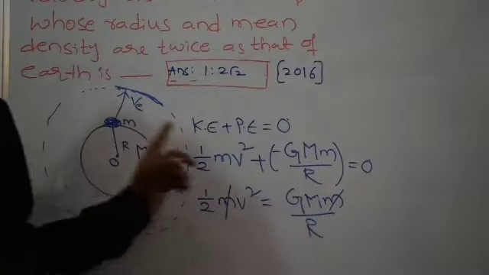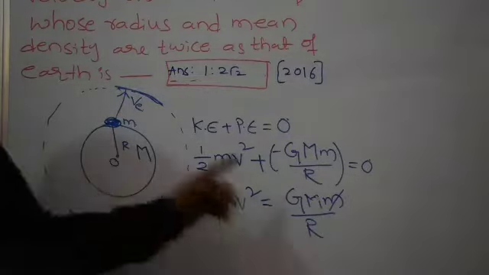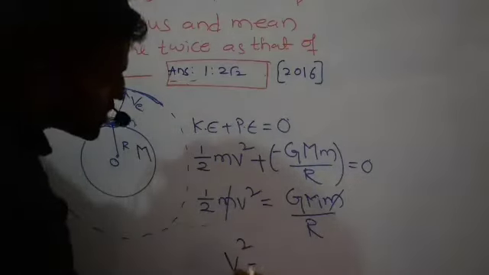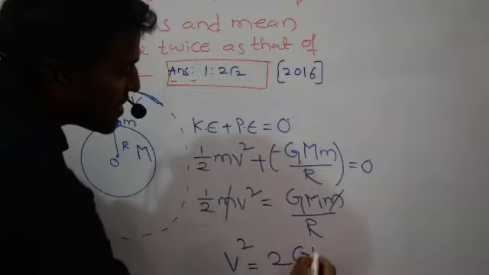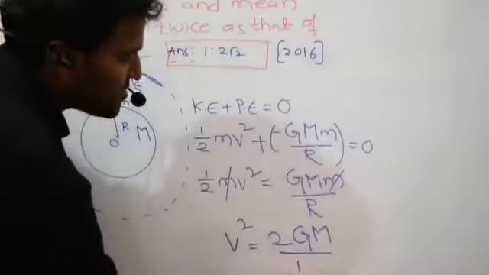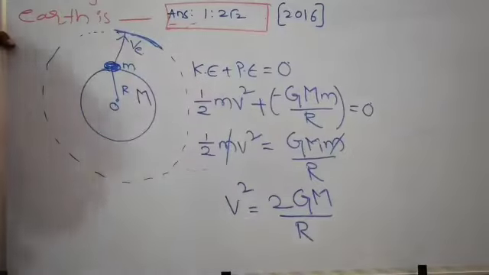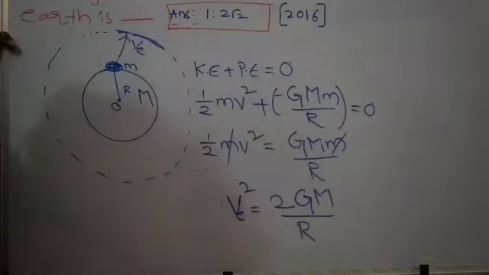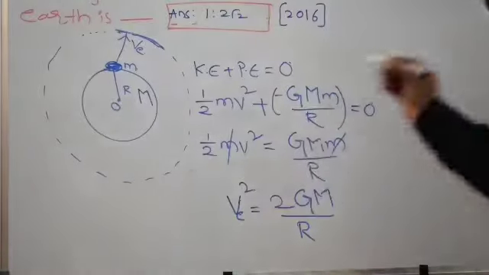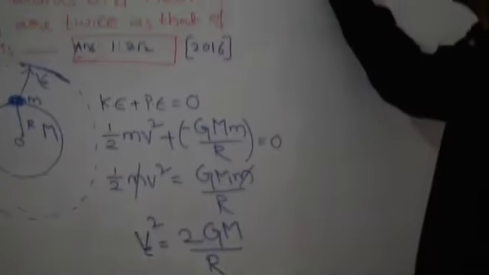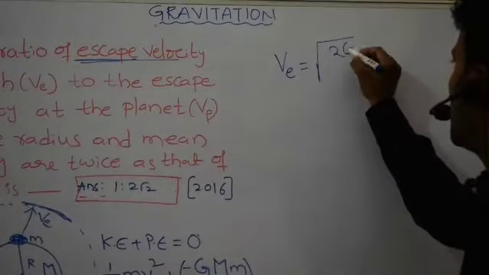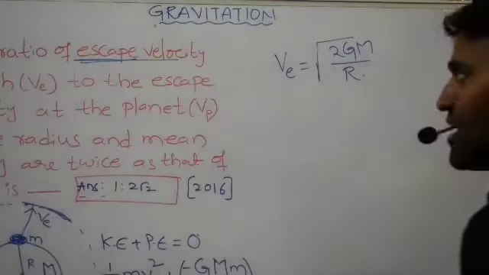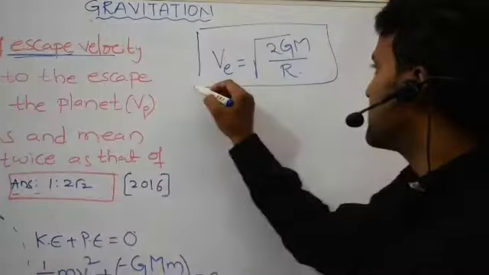What is capital M? The mass of the Earth. And r is the radius of the Earth. Taking the 2 across, v square is equal to 2 G M divided by r. This is the escape velocity, so I am writing it as V E. Taking the square root, V E is equal to the square root of 2 G M divided by r. This is the escape velocity equation, equation number 1. I am writing it in a box.